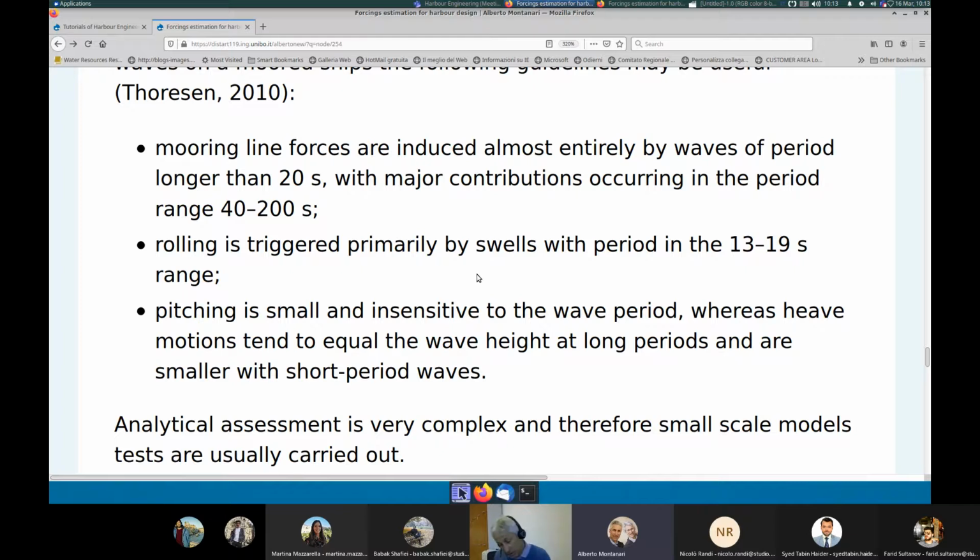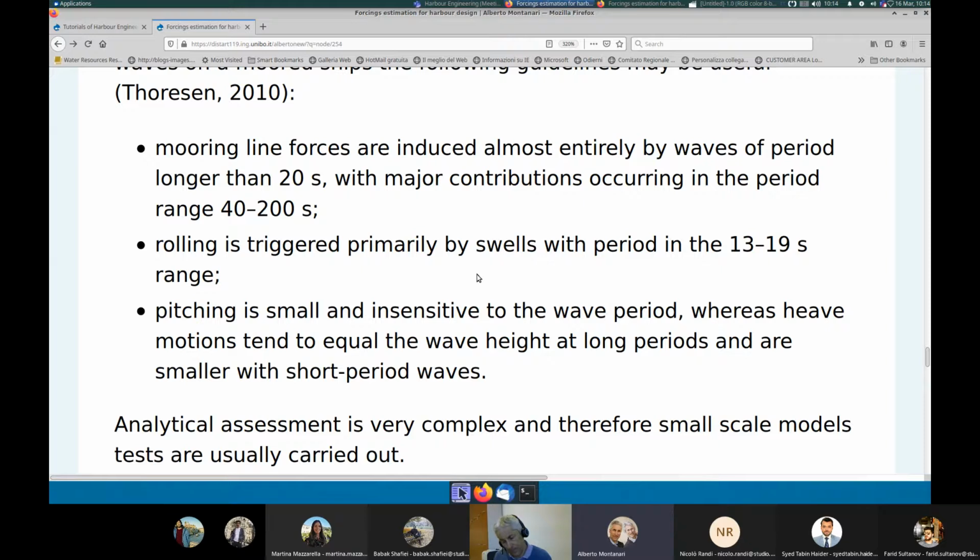And so, I anticipate one of the conclusions: in order to understand the interaction in detail between waves and a moored ship, what we need is a small scale physical model.